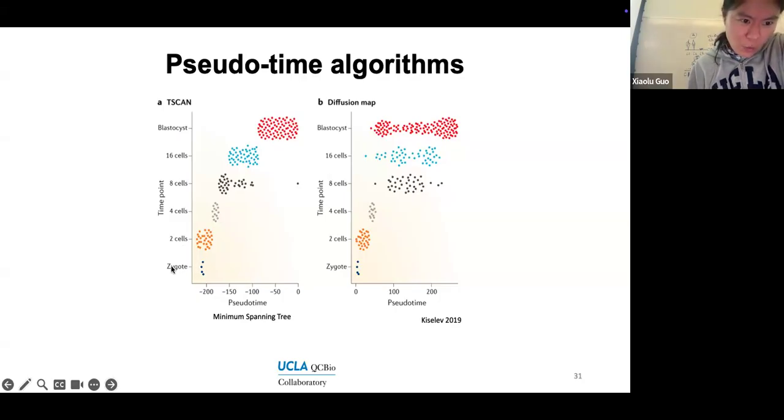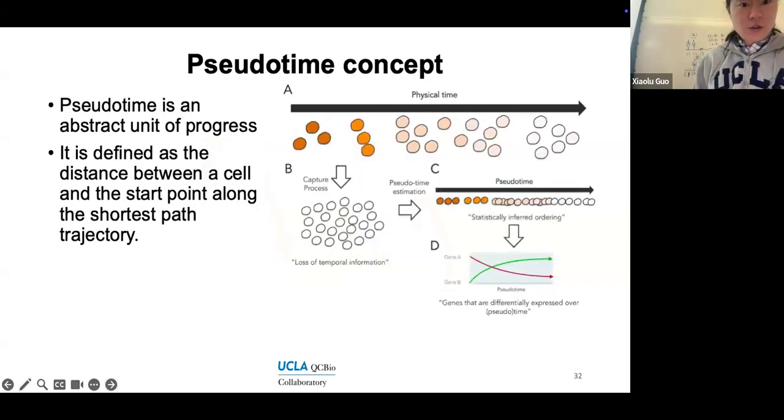From the 1 cell to 2 cell, 4 cell, into 16 cell stage, etc. Using this algorithm, it reconstructed the pseudo developmental time, and it roughly aligns with the biological development time.